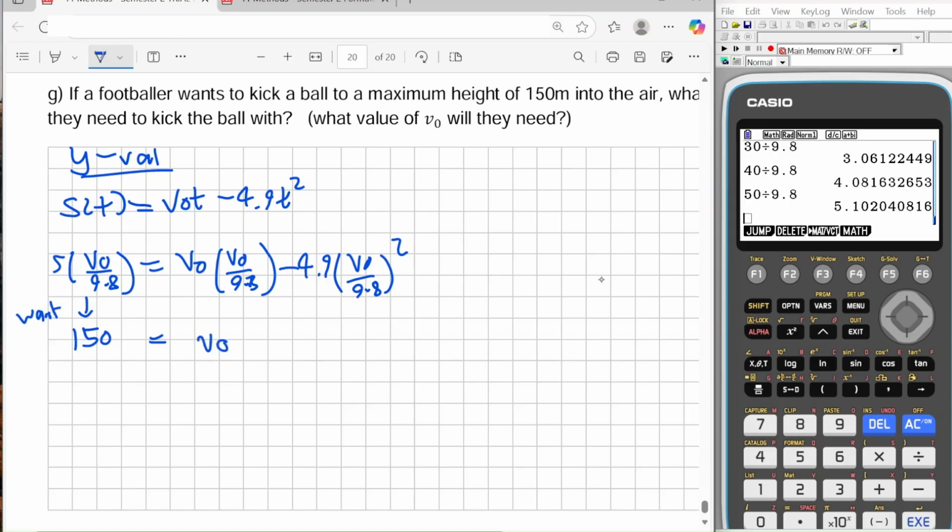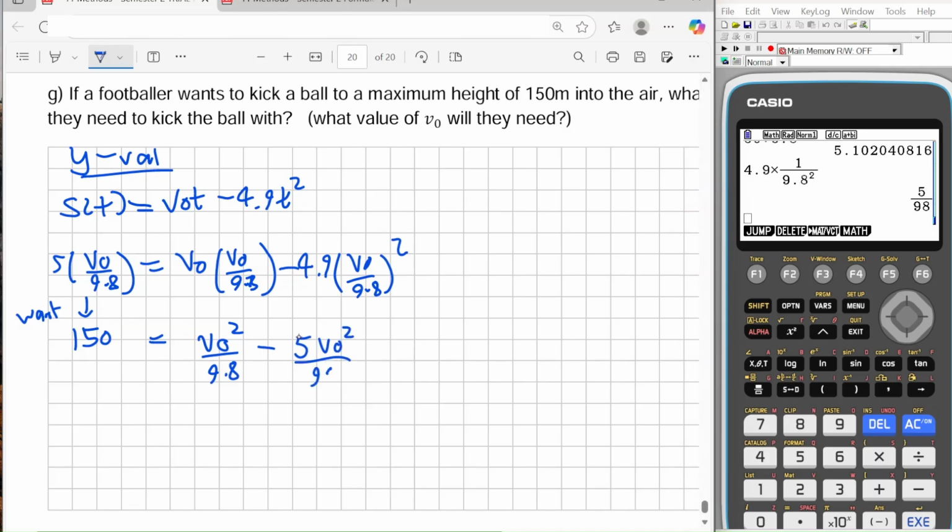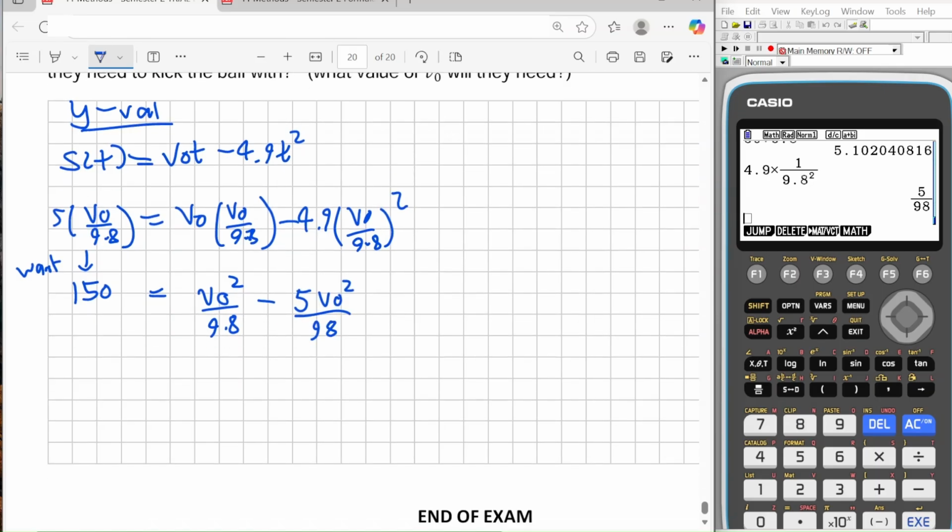So this is v naught squared over 9.8 take, well, let's think about what 4.9 times, forget about the v naught, but 9.8 squared is on the bottom. So that whole thing becomes 5 over 98. 5 v naught squared over 98. Okay, so if we think about this, this has got a common factor of v naught squared actually.